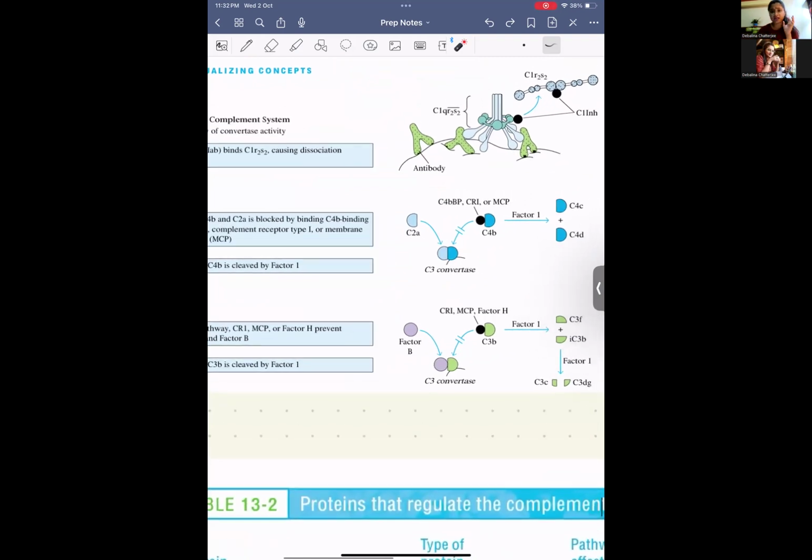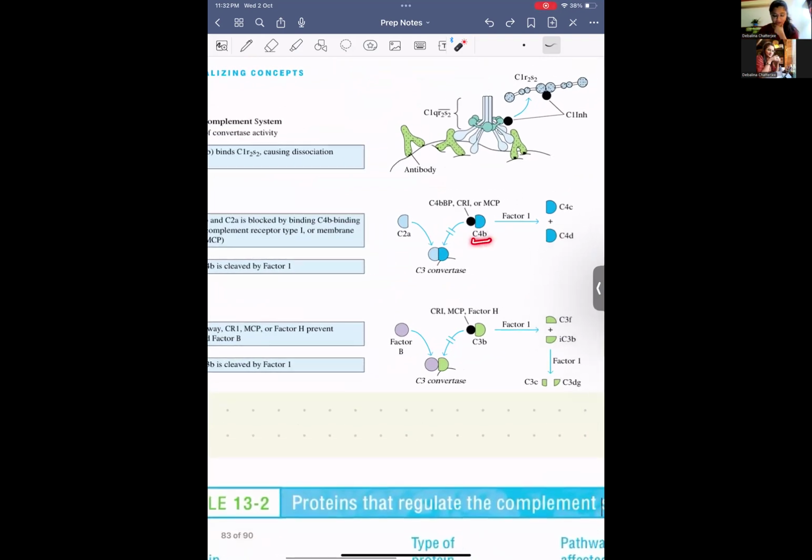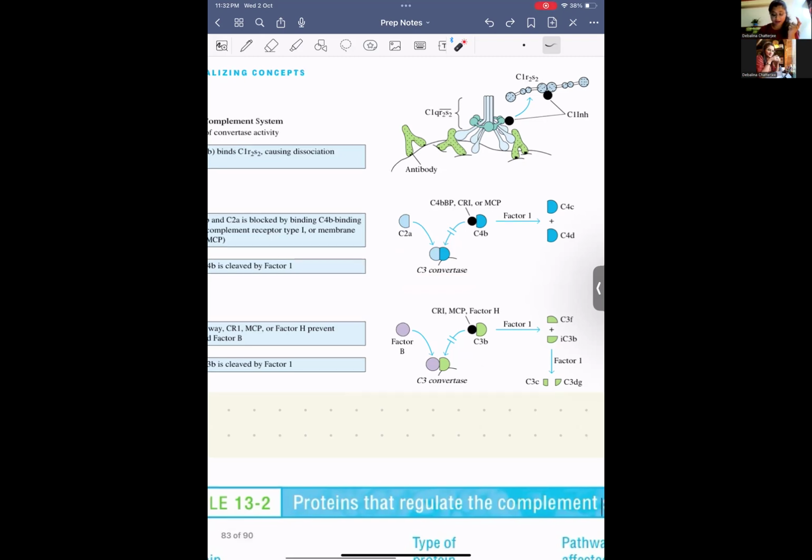These are all different inhibitor molecules that can bind to the C4b fragment and prevent it from getting assembled into a C3 convertase along with the C2a molecule. It is also possible that there can be another factor, factor I, that cleaves the C4 molecule. Instead of C4a and C4b, it cleaves it into C4c and C4d. So this is an alternate cleavage that happens, and if we have C4c and C4d, the end result is the same, that the C3 convertase molecule is not formed.